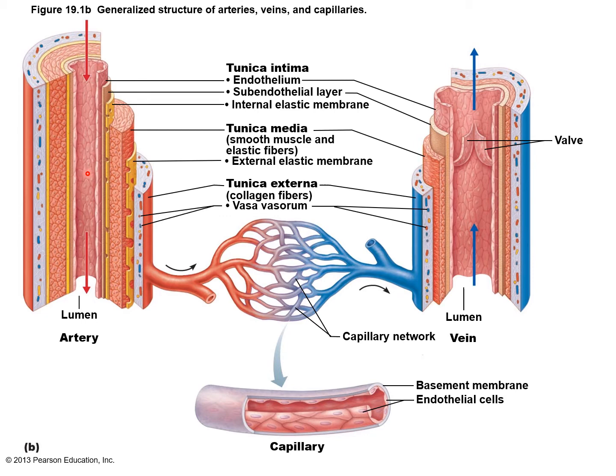As the blood is flowing into that lumen, it can actually start bumping into the walls, and so therefore arteries are going to have a higher blood pressure compared to the blood pressure within the veins, because as you can see, the veins have a pretty large lumen, and so there's going to be less resistance, and so therefore the blood pressure is going to be much lower in the veins compared to in the arteries.